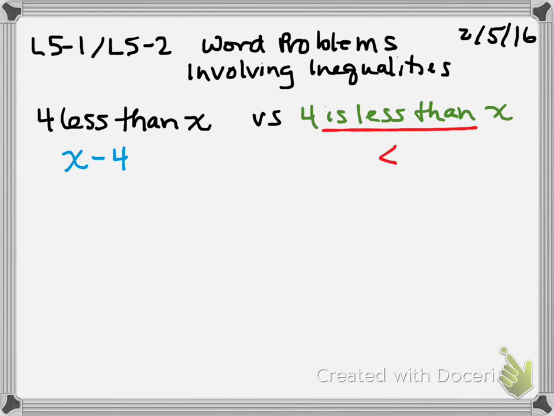So when I pair an equal word with an inequality phrase, I now have an inequality, and what I get is 4 is less than x. That is makes all the difference in the world when it's paired up with those other words. Okay? So that's what we're going to talk about today. First off, what are some phrases to be aware of, and what do they mean? Okay, so we'll start with is less than.